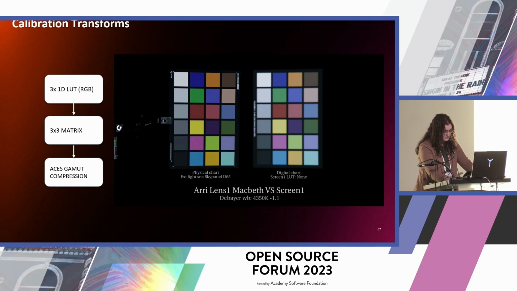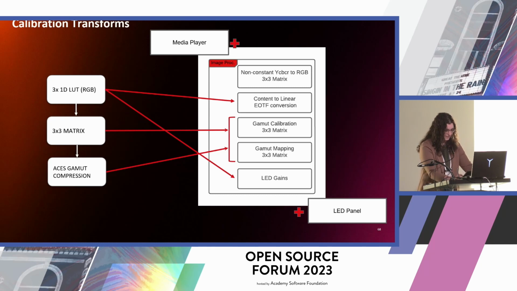The main issue at stake here, like we talked about before, is this camera metameric failure and any potential issue caused by the content playback pipeline. Many different combinations of media players, image processors, and LED panels leave lots of potential for color artifacts or mistakes.